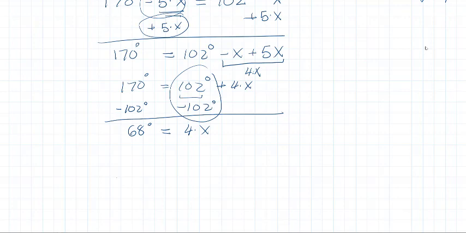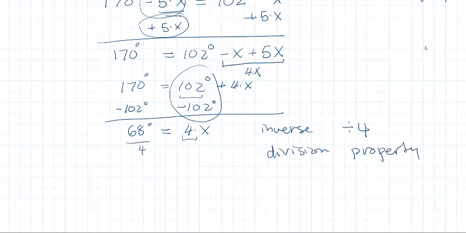Okay, one more step. We're multiplying the x here by 4. The inverse operation is to divide by 4, and so we use the division property. Here, we divide both sides by 4 using the fraction symbol, and so we get 68 divided by 4, 68 quarters degrees equals x.